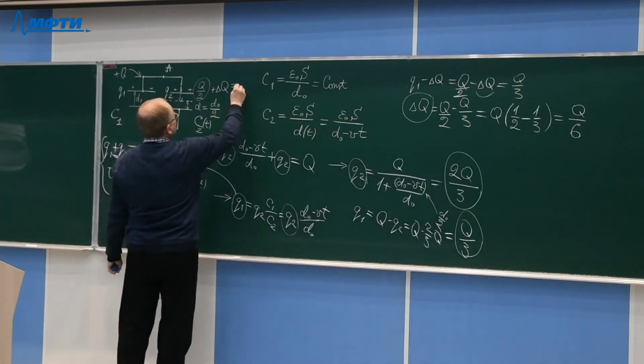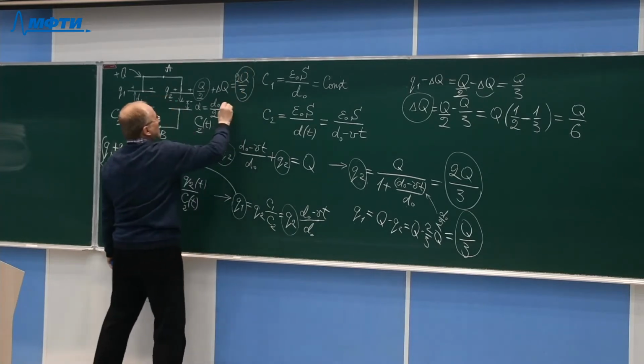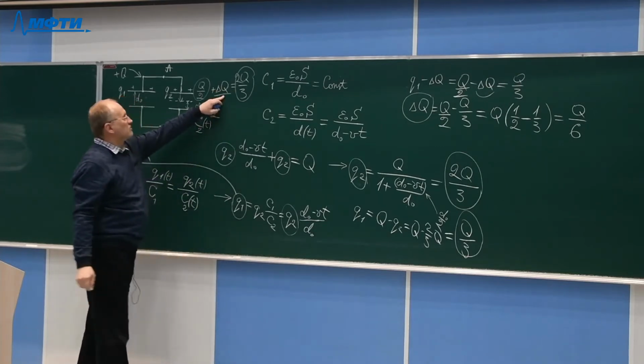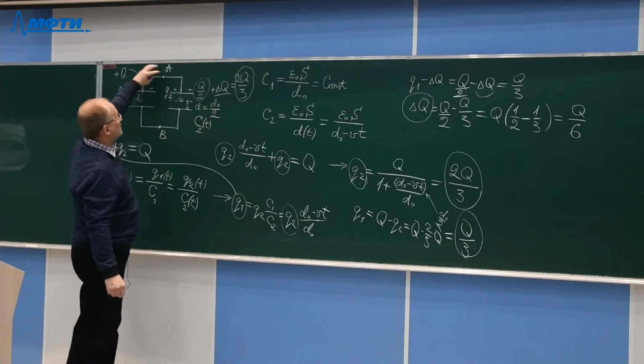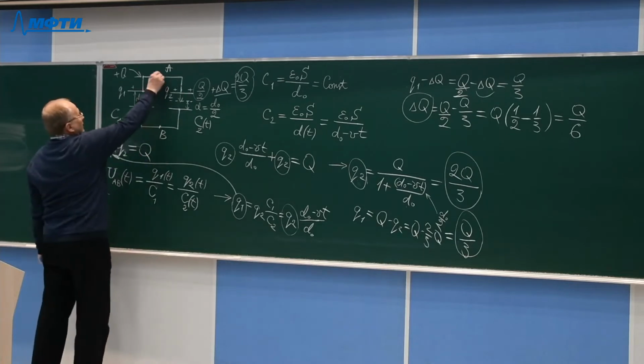That will certainly give us 2Q divided by 3 as a final charge. So this charge was lost by the first capacitor, and the same amount of charge was acquired by the second capacitor, because this charge went from the first capacitor to the second capacitor through this wire.